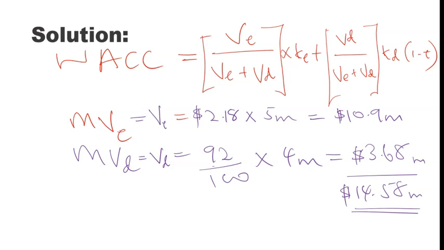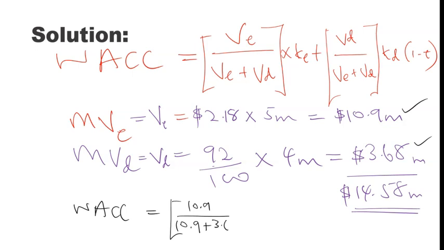All right, so to slot these figures in the above formula, we now say, therefore, WACC is equal to, in the first bracket, that's VE over VE plus VD, where VE is this one, 10.9, over 10.9 plus VD, 3.68.